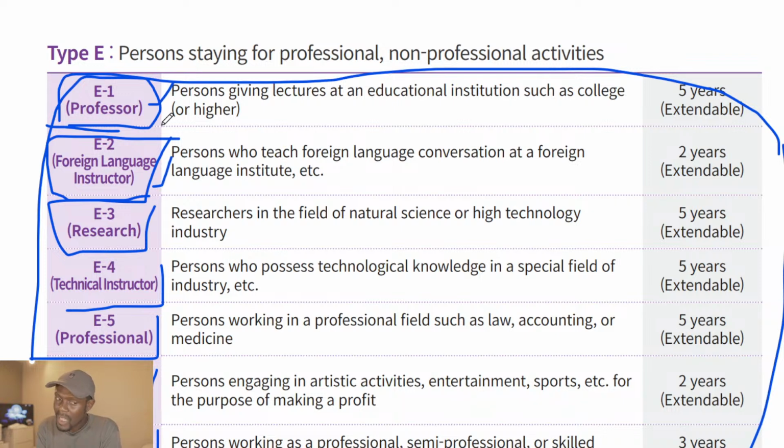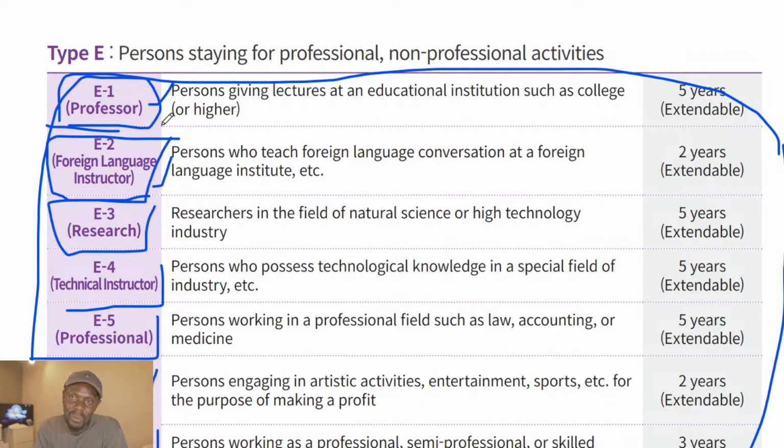But let's say you have an E2 visa, foreign instructor, that means you're teaching English. Also, if you are working for an English academy teaching children English, and if it happens that maybe the children do not like you, or there is a misunderstanding and the parents do not like you, something happens, they can terminate your contract.